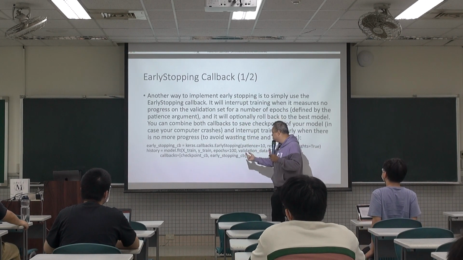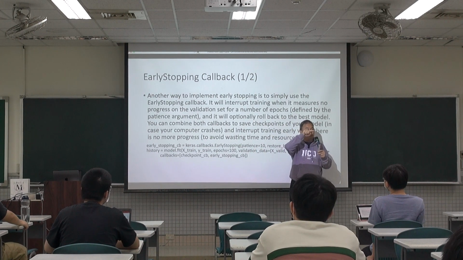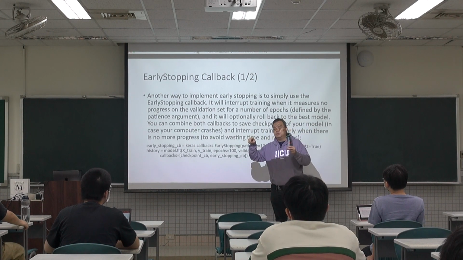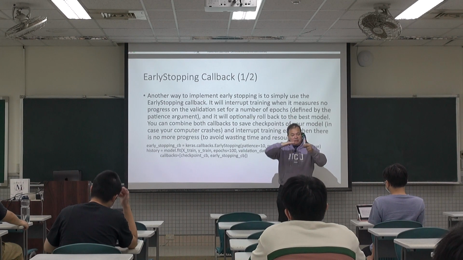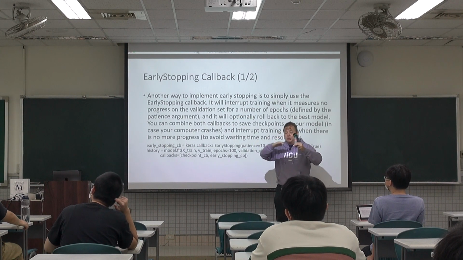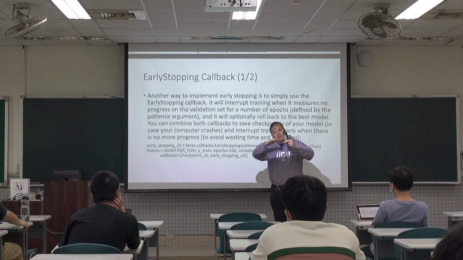So this patience basically controls how many additional iterations you want to wait, because as I said, the validation loss can fluctuate. So you want to wait a few more iterations to see if it eventually goes down.